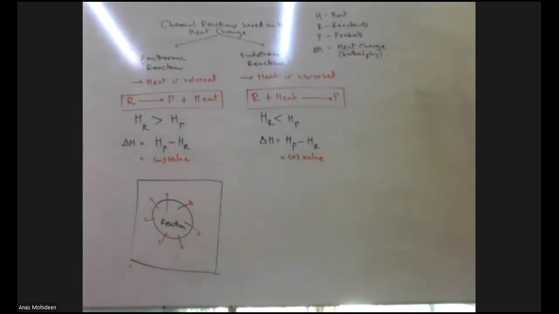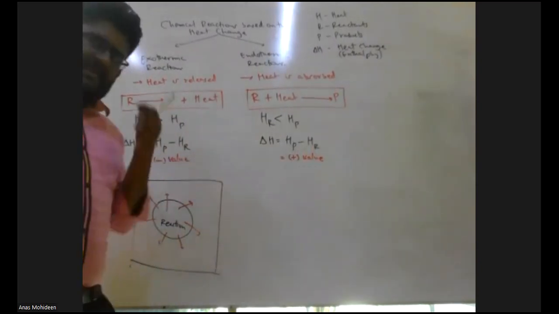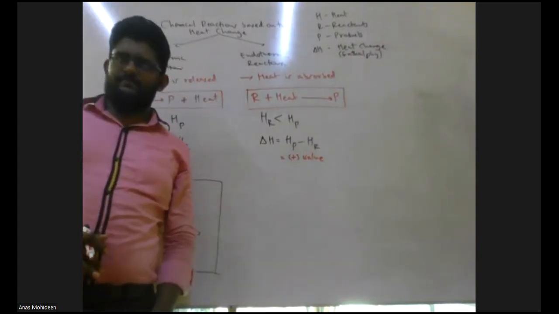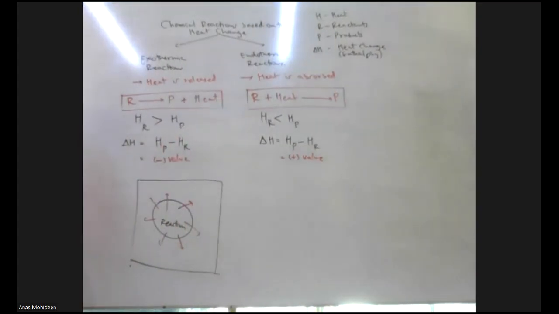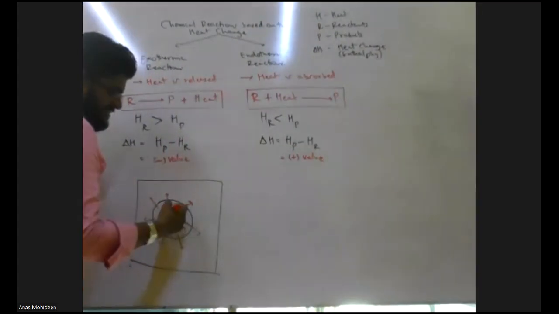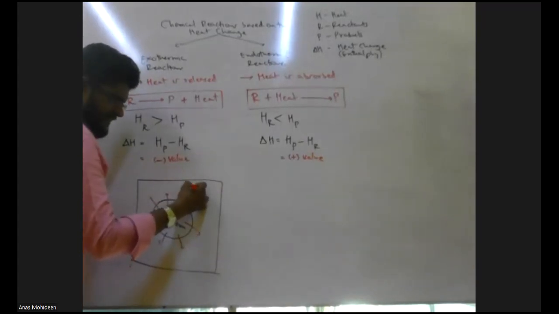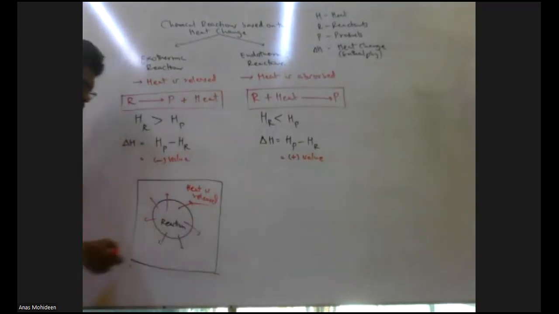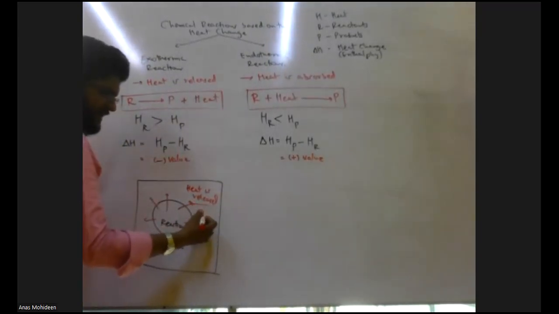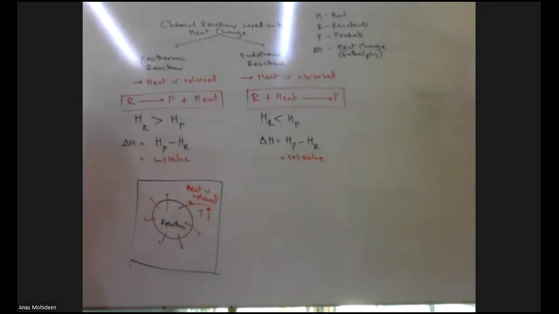Is that clear? When the heat is released out, my temperature reduces. But the surrounding temperature increases, right? So we concern the surrounding temperature here. Because of this, the outer temperature increases, and this is why during an exothermic reaction the temperature increases.